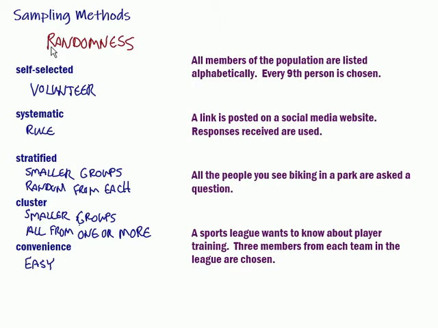We can't take the information that we learned from that sample and apply it to any larger population because it doesn't represent that larger population. It's just a smaller group. For example, if we had a bunch of football players and we asked them what their favorite, that's not a very good example.